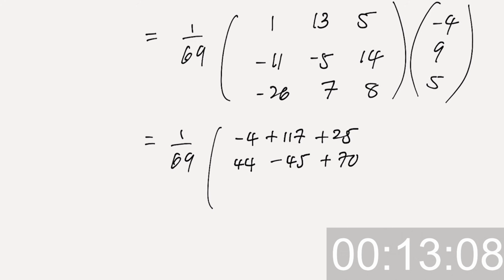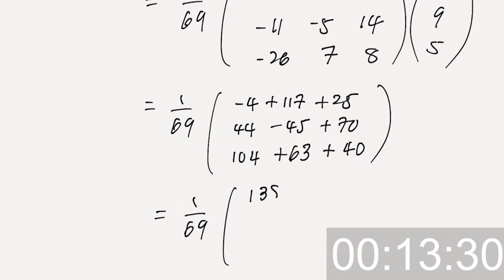And then we've got minus 26 as minus 4. So that's going to be plus 104 plus 63 plus 5 times 8 is 40. So I make that 1 over 69 times 117 plus 25, 138. Okay, so that'll give me 2.